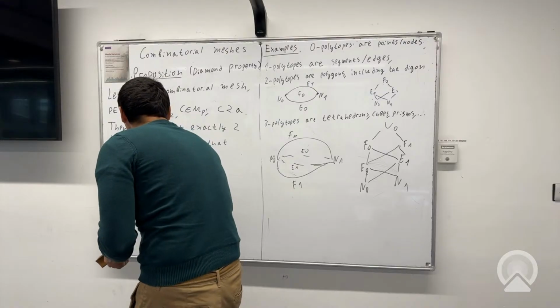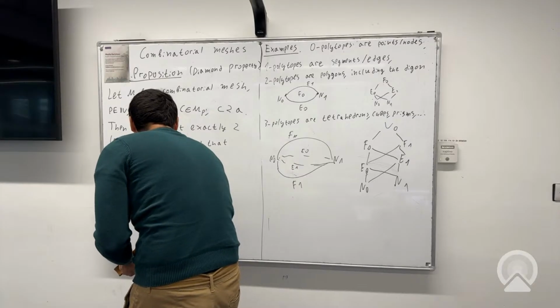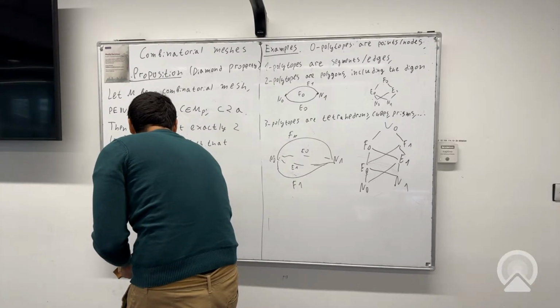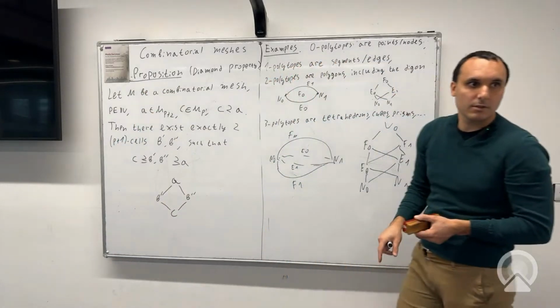Because we have A on the top, C on the bottom, and exactly two cells, B prime and B second. So it is like a diamond.